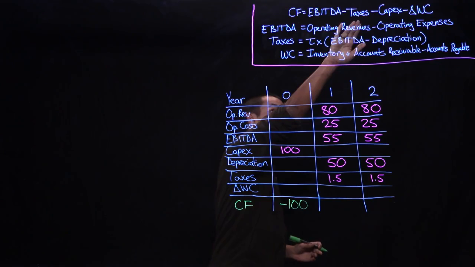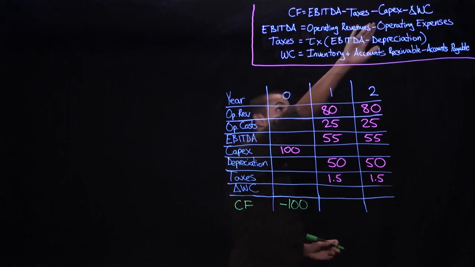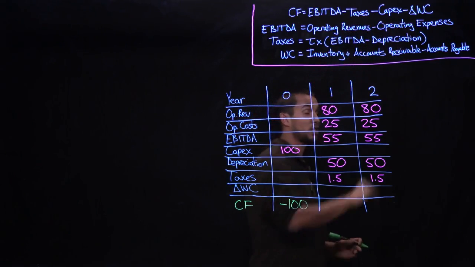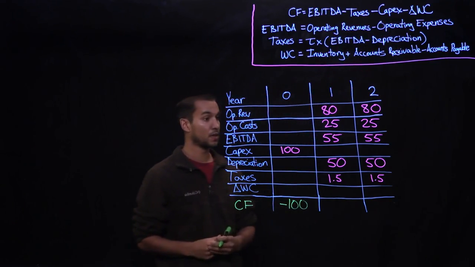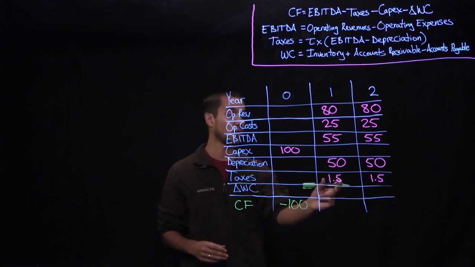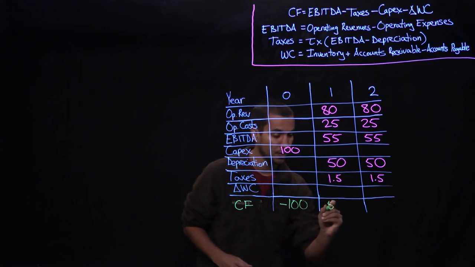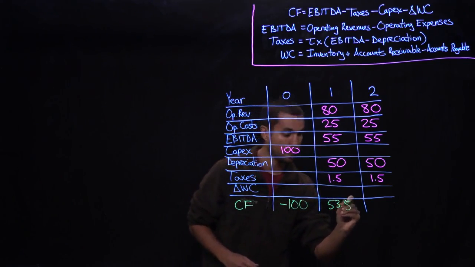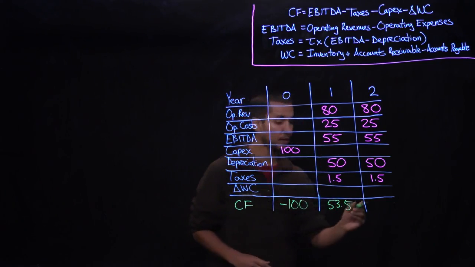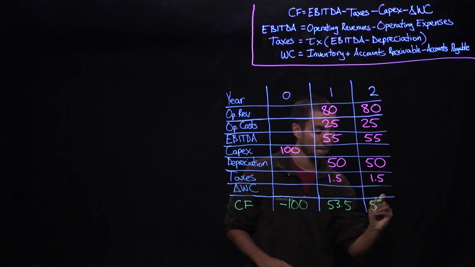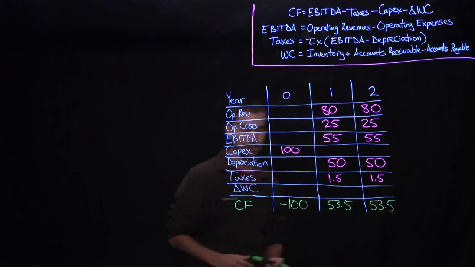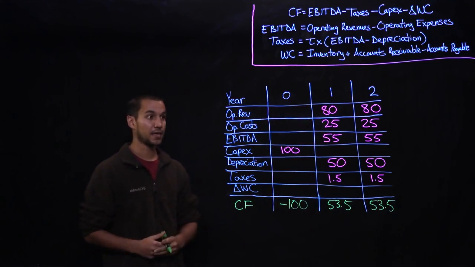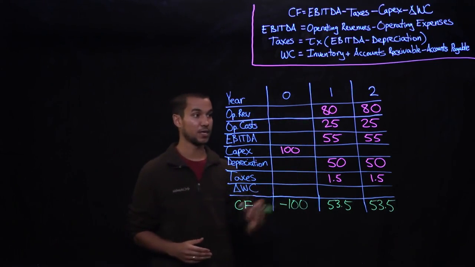Our taxes are $1.5 million, and we don't have any capital expenditures or changes in working capital. And so we get 55 minus 1.5, which is 53.5. And similarly, we get the same thing in year 2. So now we have the cash flows for each one of our years.